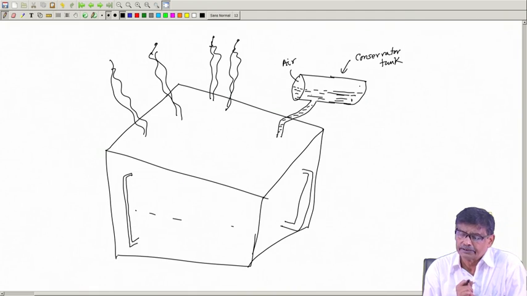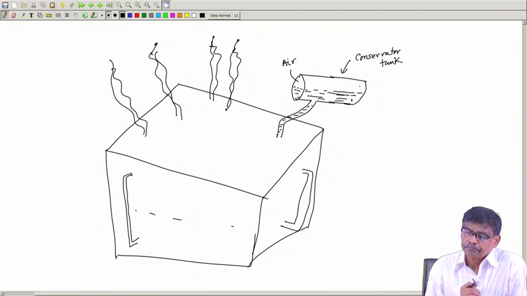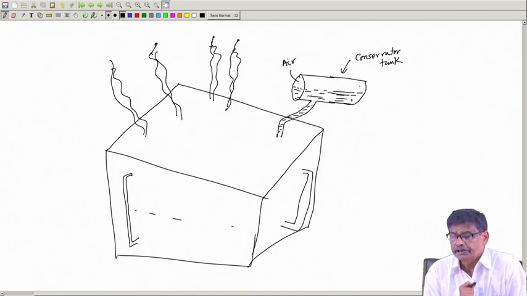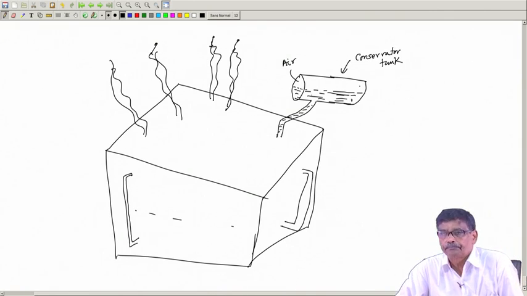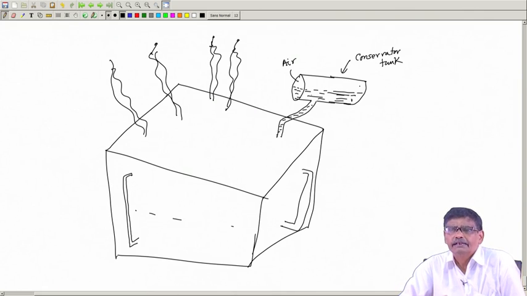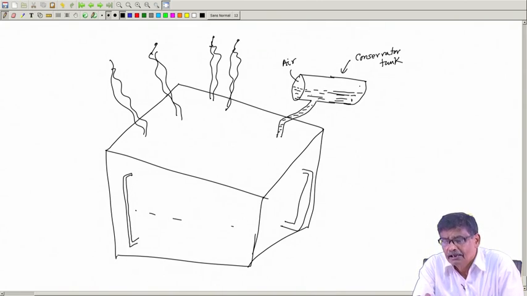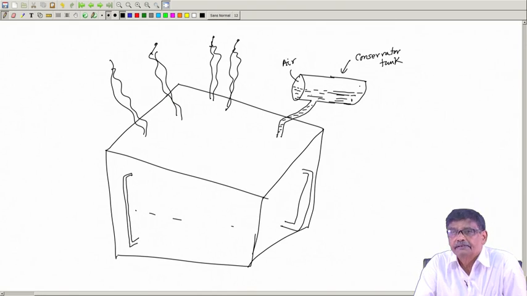Now, let us try to understand what will happen. Suppose a transformer is operating under no load condition, loss is very less, temperature rise will be very less. Now, you imagine that all oil levels are here like this.